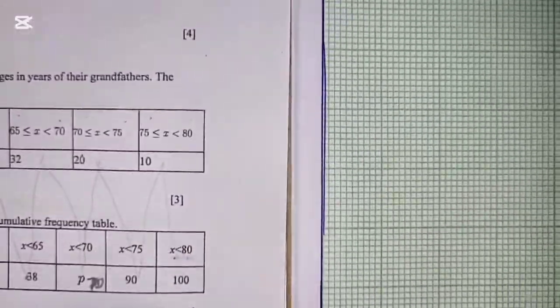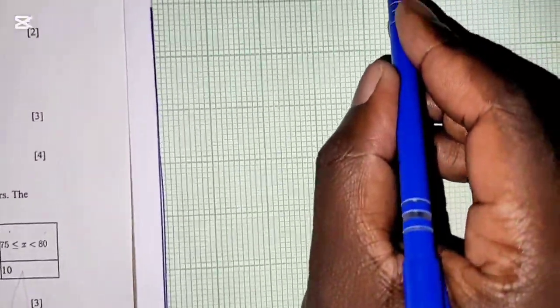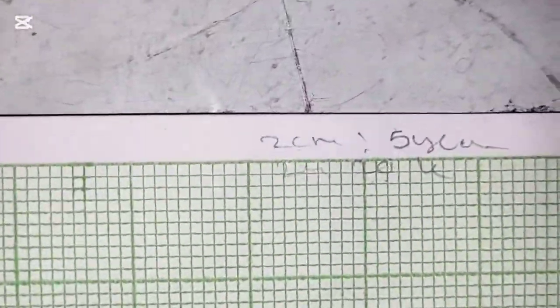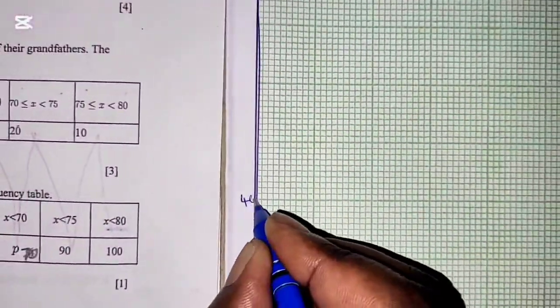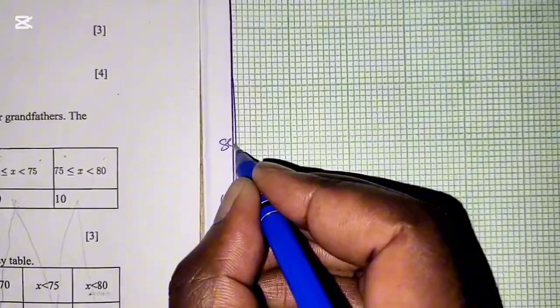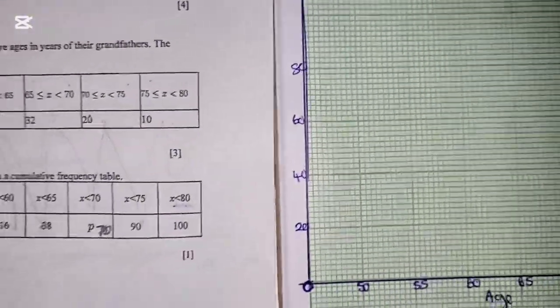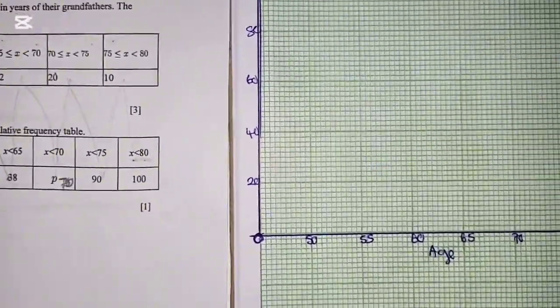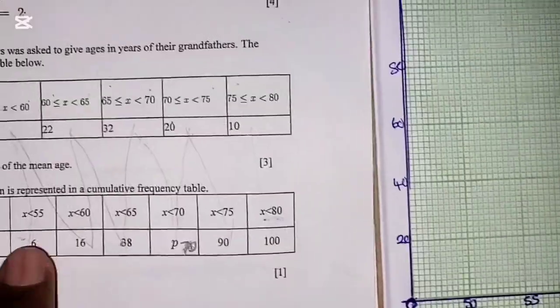Then the other one we are going to move with what? With 20, 2 centimeters represents 20. So it's now 20, 40, 60, and what? And 80. Okay, so we are going to use this table, not this one, this table.